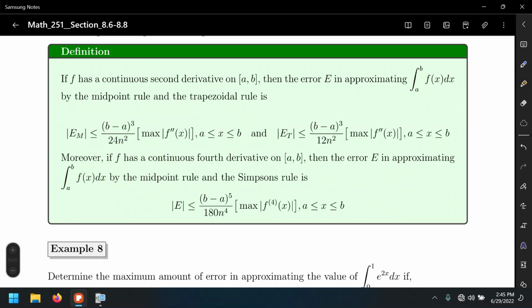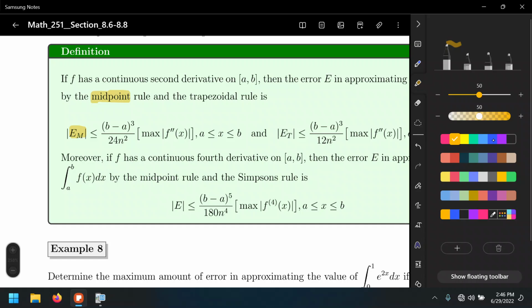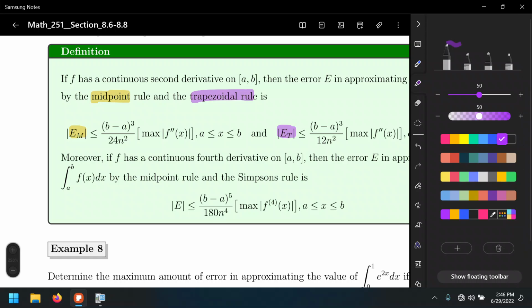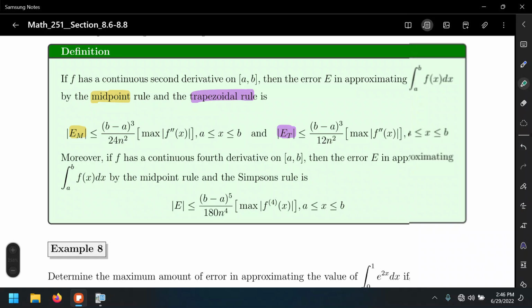So the first two formulas are, number one, for the midpoint rule, E_M. The second formula is to find the error by using the trapezoid rule, and the last formula right there is to find the error by using only the Simpson's rule.